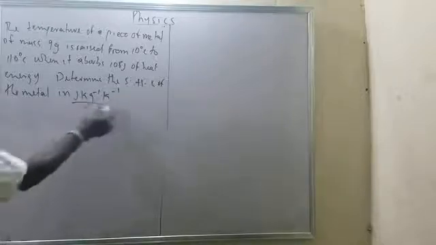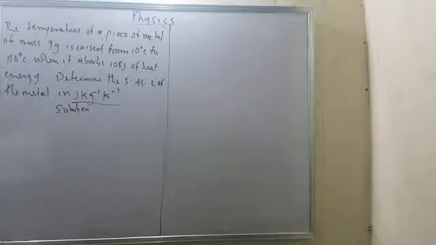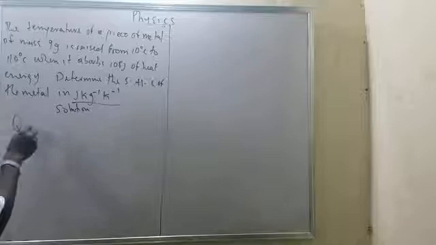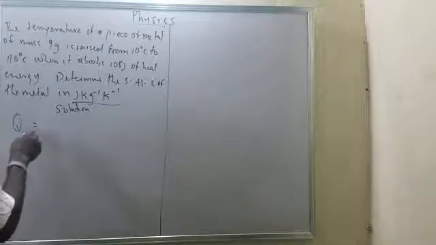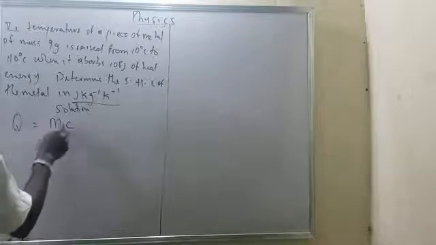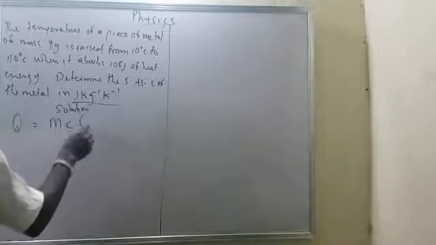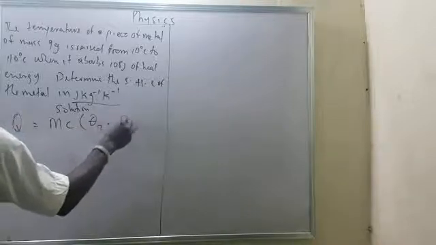Now, this is what I'm working towards. Solution to this problem. It's a very simple one. What you are working on is the specific heat capacity, which you are looking for, C. Don't forget that my Q, which is my quantity required, is always equal to mass multiplied by specific heat capacity, bracket of change in temperature, which is final minus initial.